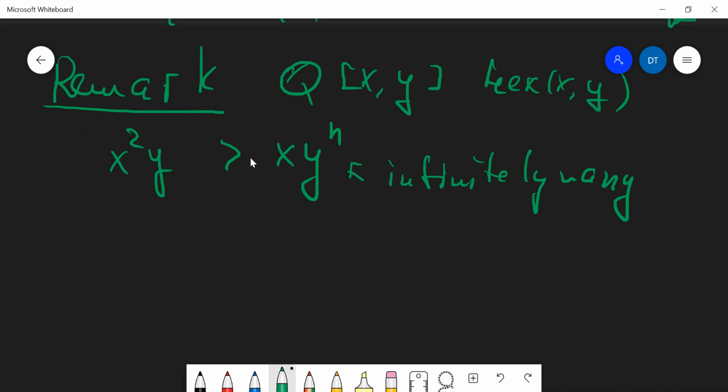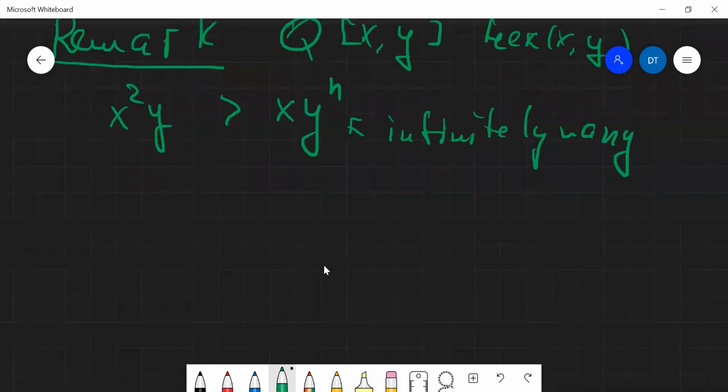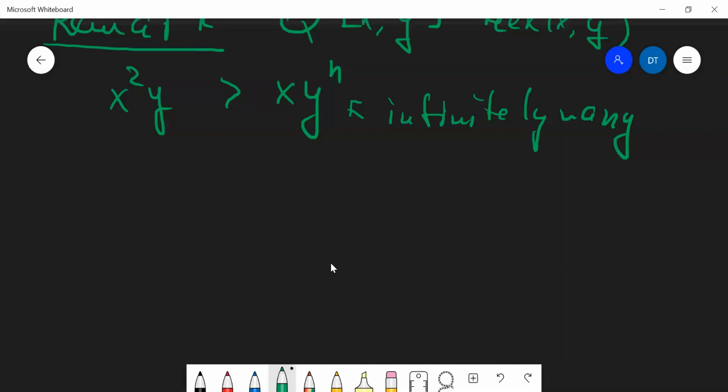So this guy is strictly larger than here. And it works for any power n. Now this simply means that if you have a descending chain of monomials, it cannot go through all of these guys. But we may produce a chain of any length. For example, we may consider this.